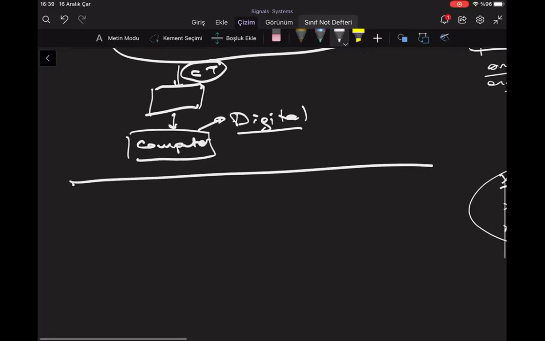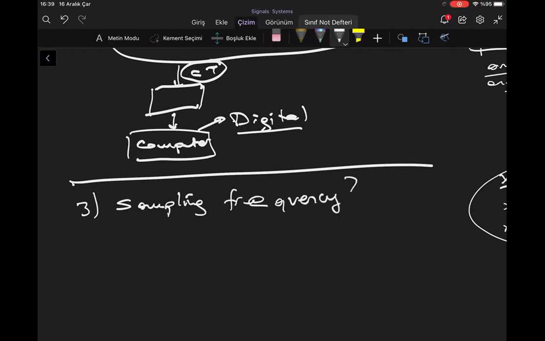How about the concept of sampling frequency? What does sampling frequency mean? It's 1 over T, 1 over the period. What do you mean by 1 over the period?